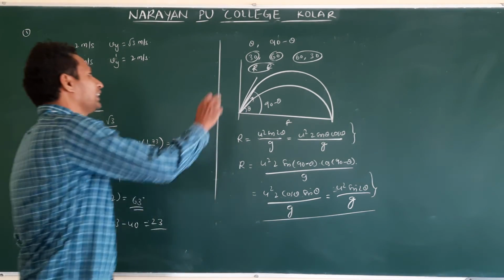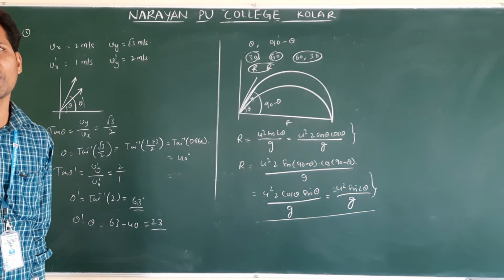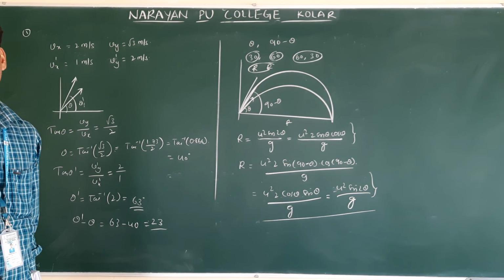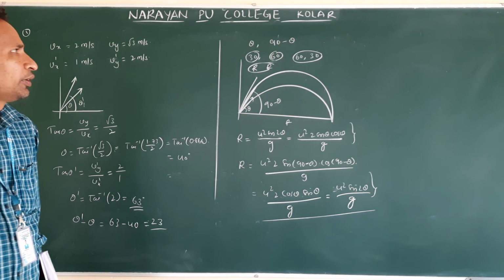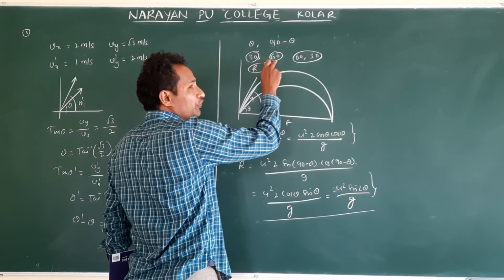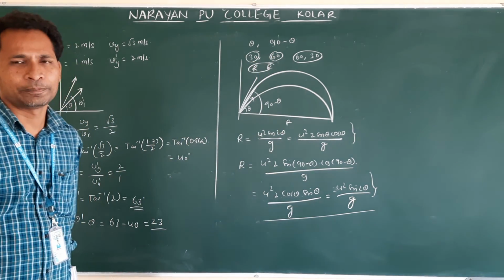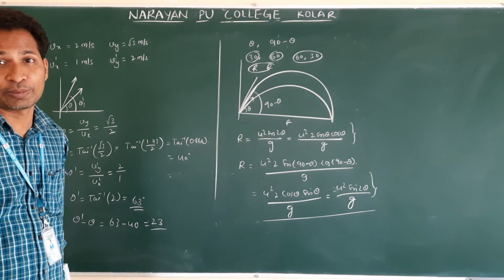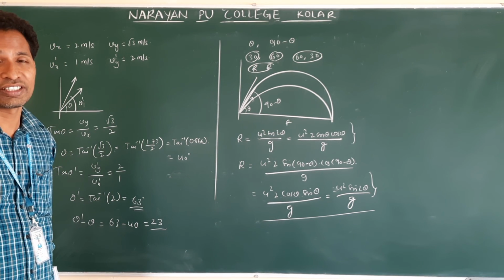To understand, I took 30, but you can take any angle. Instead of 45 you can take 40 also, no problem. You can take 50, you can take 55. If you take 40, then the remaining angle is 90 minus 40, which is 50. For 40 and 50 the range remains the same, like that. Clear? This is given in the textbook example problem. Clear? Galileo gave that the range is the same for two angles.